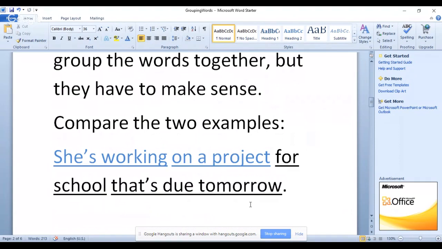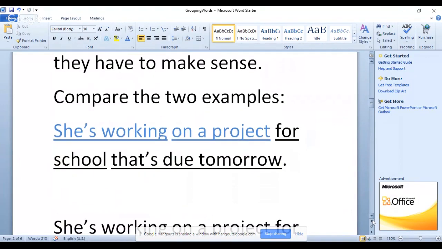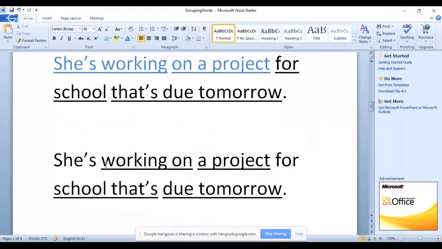Okay, now I want to look at this other example. I've underlined parts of this sentence that kind of don't make sense in my mind. So, for example, if I say she's working on a project for school that's due tomorrow, that's a little bit more robot.